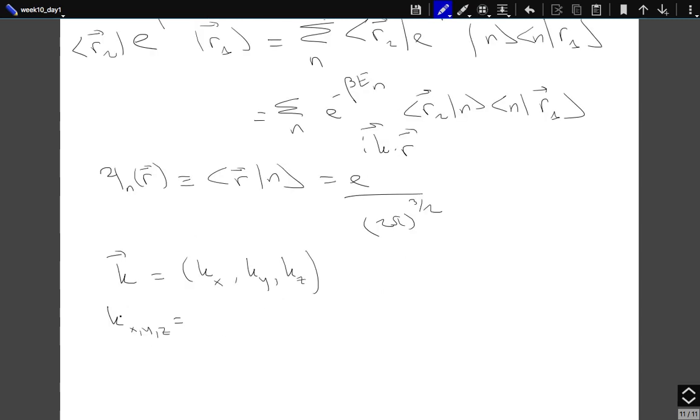So if it's periodic boundary condition, then these k's can take discrete values given by 2 pi over L times n x, y, or z. n x, y, or z can be 0, plus minus 1, plus minus 2, etc. So my eigenfunctions, I can parameterize them in terms of these numbers nx, ny, and nz. So the sum over the states can be considered as the sum over these nx, ny, and nz, or kx, ky, kz's.